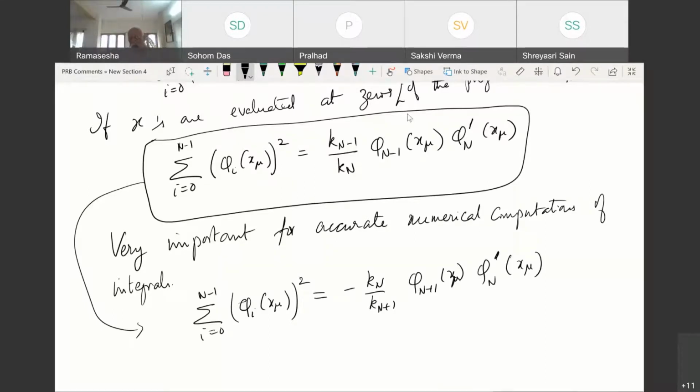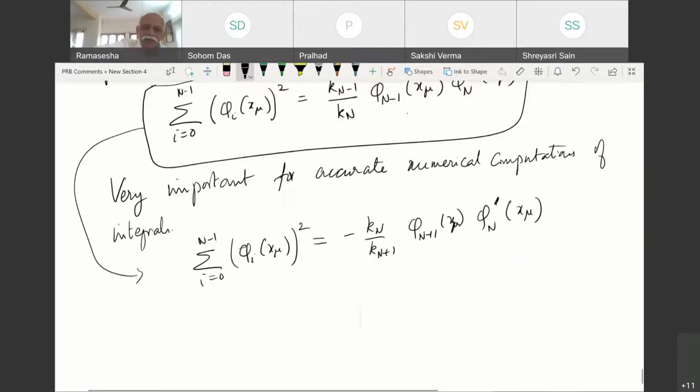You can actually work out the steps, which are given in Wilf's book on mathematics, and I'm not going to do it. It's fairly straightforward. If you know the recurrence relationship, you can replace k_{n-1} upon k_n P_{n-1}(x_mu) by P_{n+1}(x_mu) and the k_n by k_n.